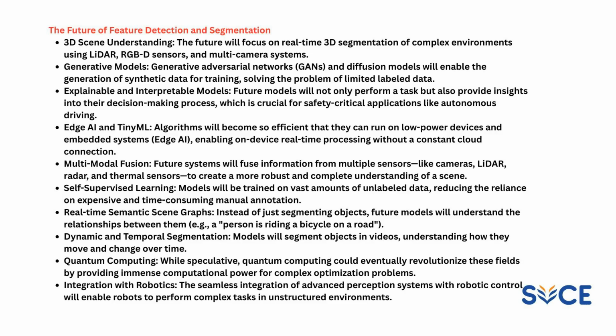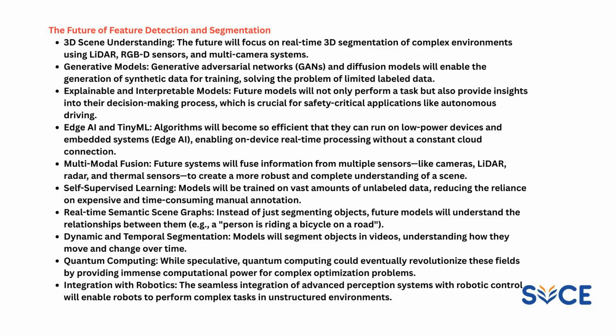Multimodal fusion is key to achieving robust understanding. Future systems will rely on multimodal fusion, which means combining information from different types of sensors. Think of it like a human using their eyes and ears to understand their surroundings.